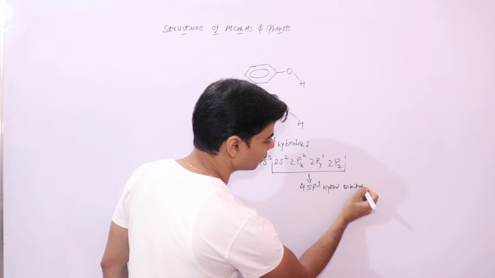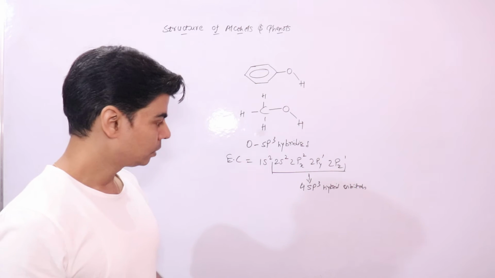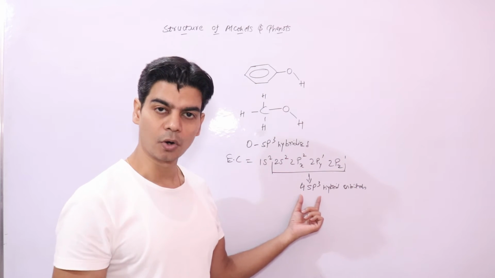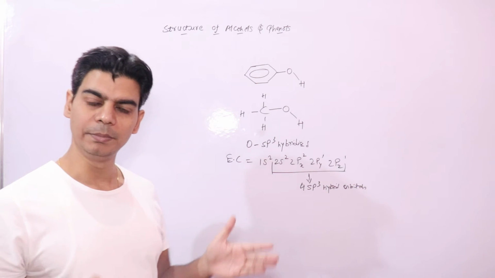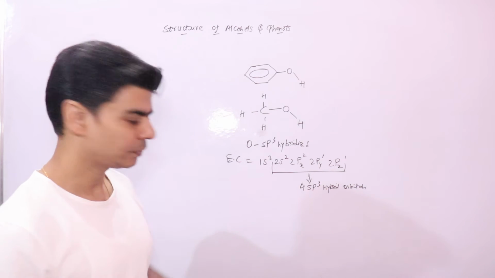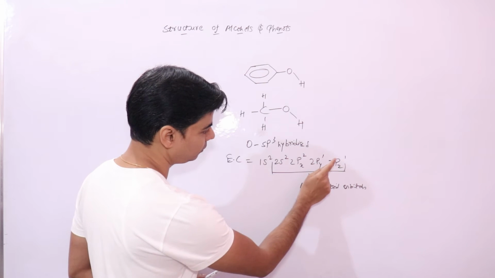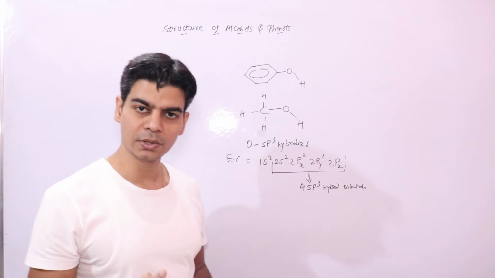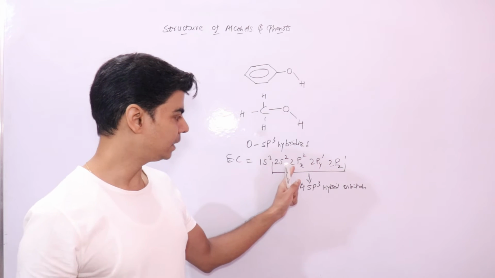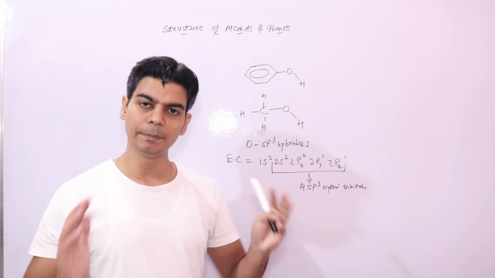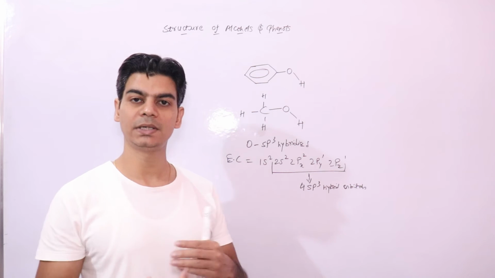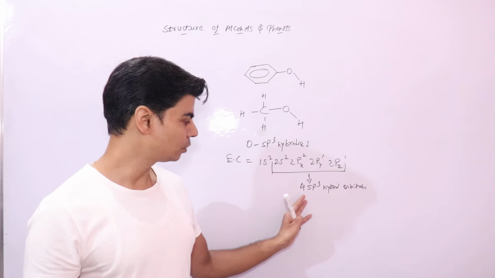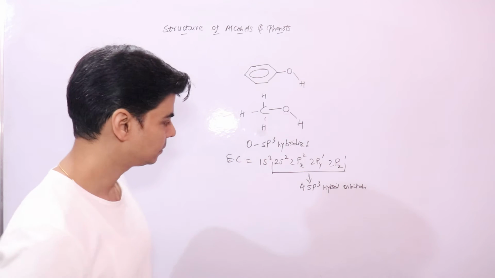Because if you remember from chemical bonding, the number of hybrid orbitals formed is equal to the number of atomic orbitals that are mixing up. Here you have 1, 2, 3, 4 atomic orbitals, one 2s and three 2p orbitals mixing and merging, so they will give rise to 4 equivalent orbitals, which are your 4 sp3 hybrid orbitals, right?